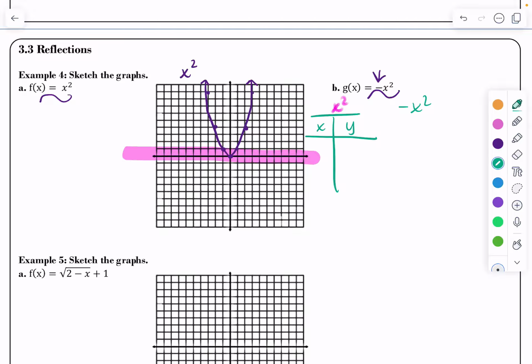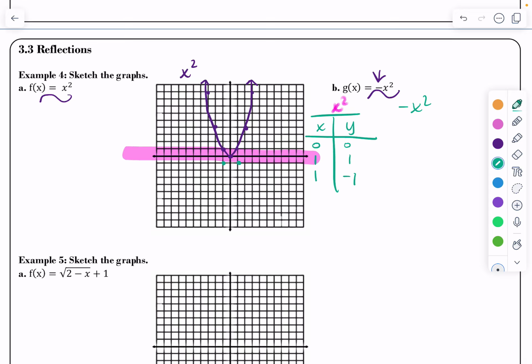So my first coordinate is 0, 0. That doesn't change because 0 can't get negative. But notice I have the point 1, 1, but I also have the point 1, negative 1. Okay? So if I'm looking at my points of 1, 1, and 1, negative 1, if I'm reflecting over the x, I'm also having them here as well because it's reflecting over.